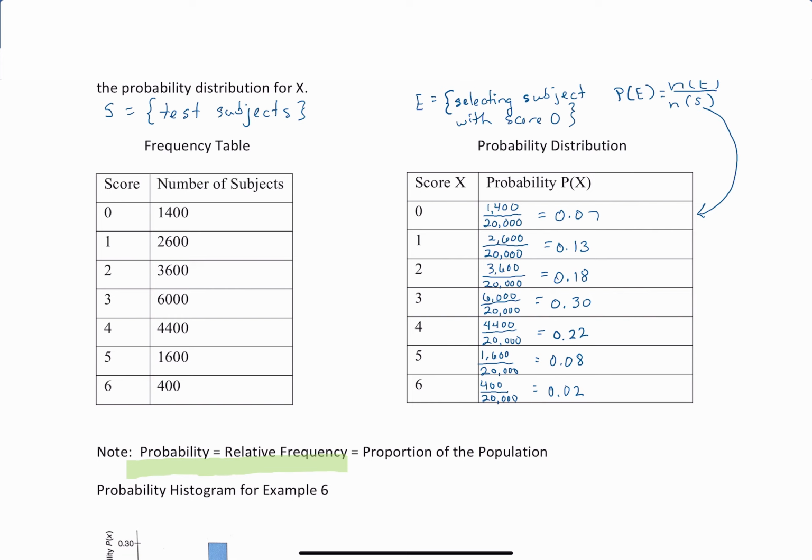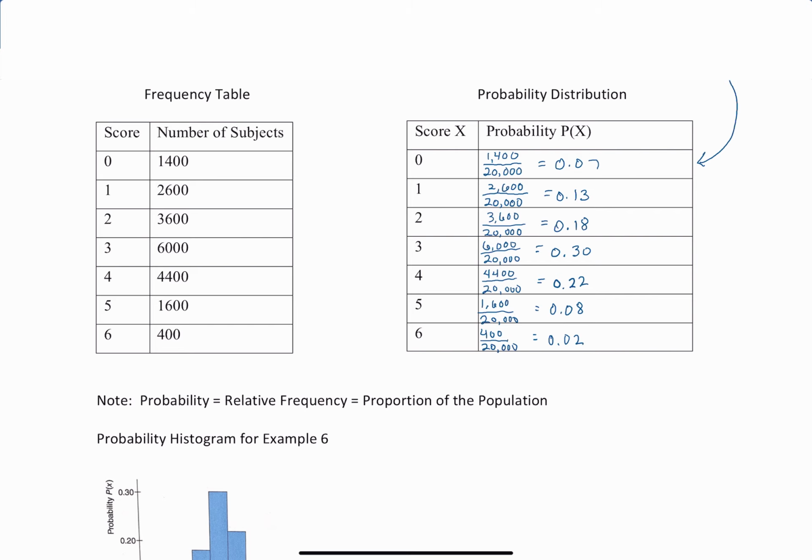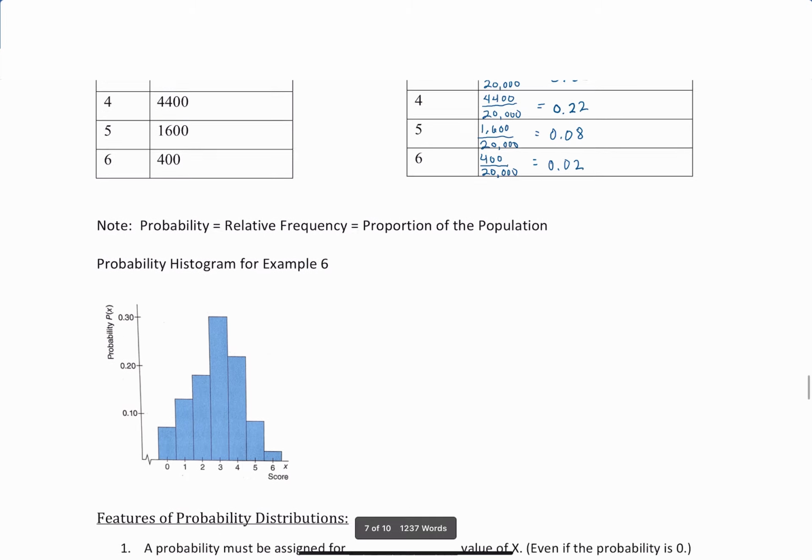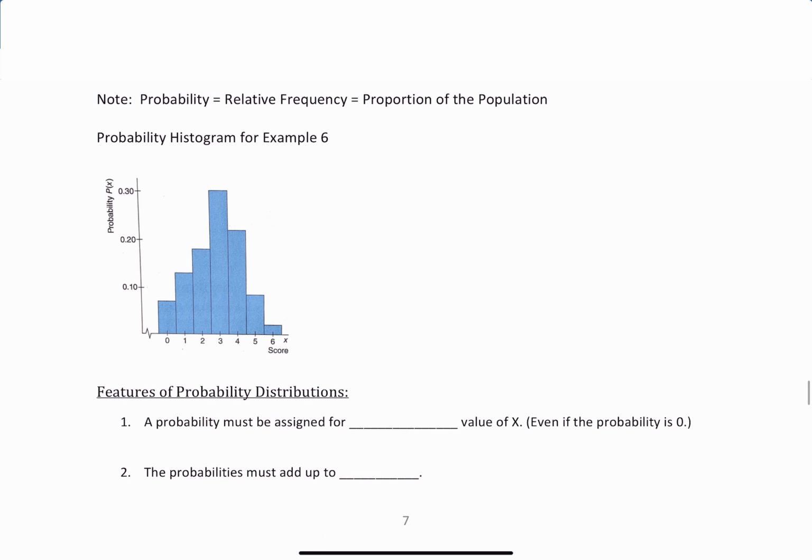So it can be helpful to remember that probability in this kind of situation is really just the same thing as relative frequency. And I think as we mentioned when we were doing relative frequency, that's also the same number or calculation as getting the proportion of the population that has that characteristic, or proportion of a sample that has that characteristic. We can also make a probability histogram, and I've just gone ahead and done that for us, so that's what our probability histogram looks like.